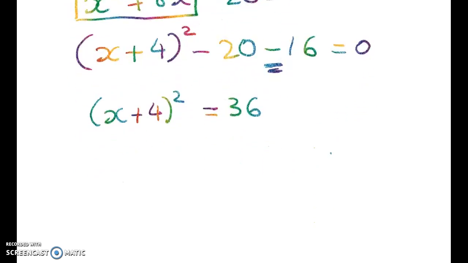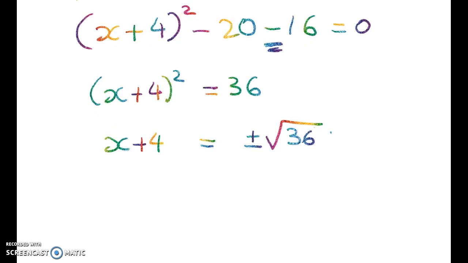We're going to take the square root of each side. So we get x plus 4 equals either the square root of 36, which is 6, or the negative of that, so negative 6. Because negative 6 squared will give me 36, and 6 squared will give me 36.